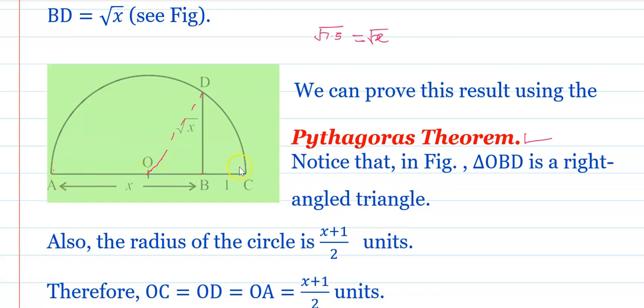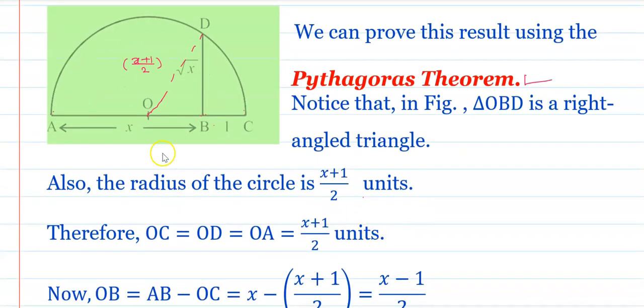AC is the diameter, its value is x plus 1 divided by 2. It's the radius of the circle, and therefore OD is x plus 1 upon 2. This OD, OC and OA all are the same.